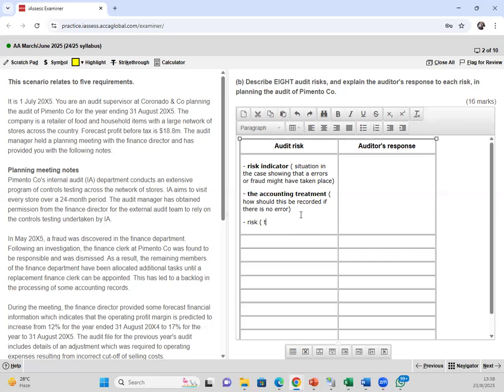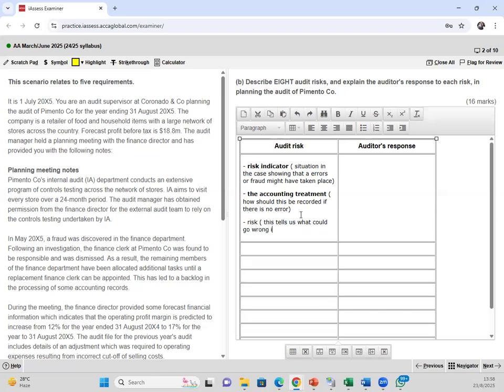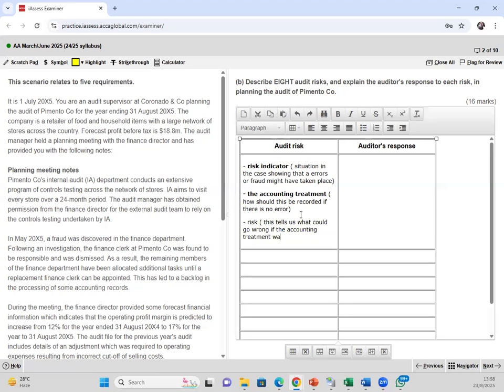So this tells us what could go wrong if the accounting treatment was not properly applied.